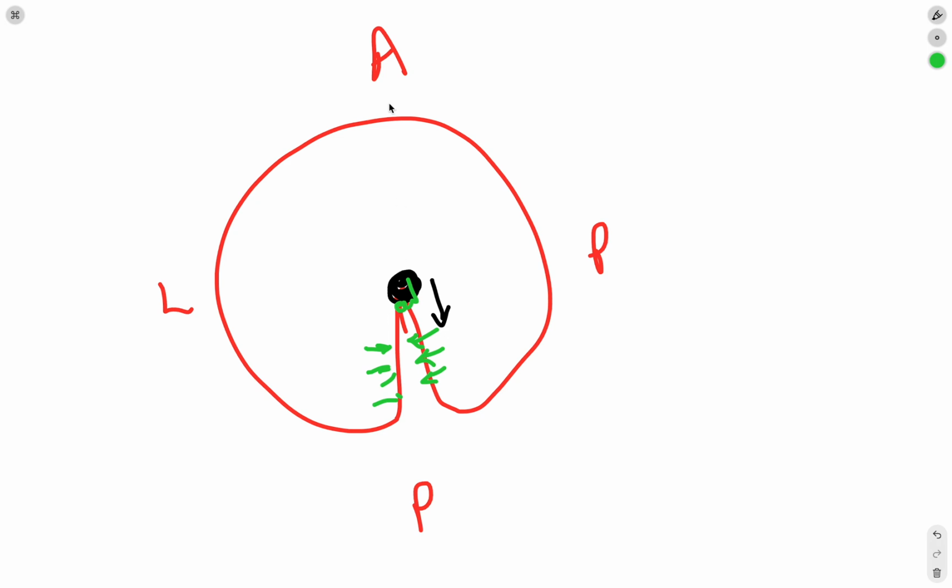Then behind the node, we would draw these cells kind of like a dotted line because they're covered up, and they're underneath the ectoderm. But that would be the notochord. And so this would be the anterior end of the notochord. That's going to induce the brain, and it's going to induce the cells that are above it, that's the ectoderm, to form the brain and then the spinal cord.